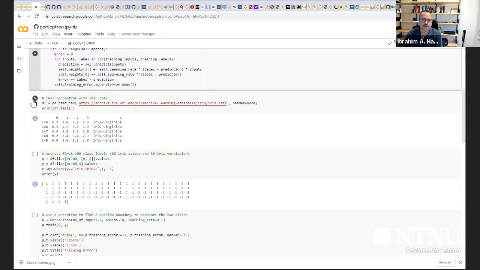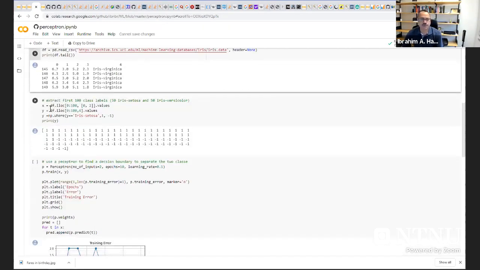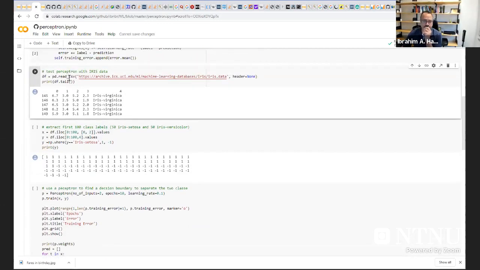And after that, I need to load my data points. I will load my data points from this website. It's much easier, in fact, than uploading a CSV file. So these are my data points. You need to spend some time here, in fact. For example, if you look into those features, their values may be between 0 and 10, so maybe it would be smart to normalize or standardize those values.